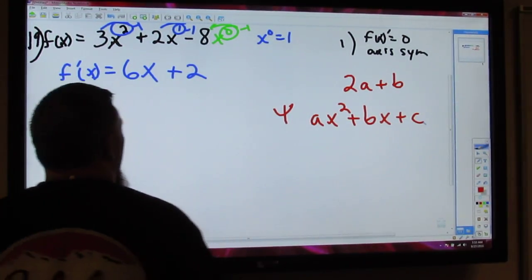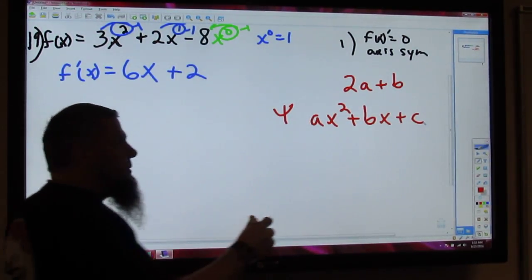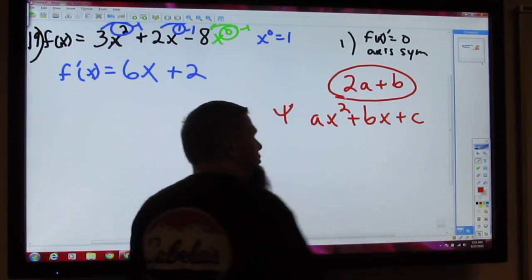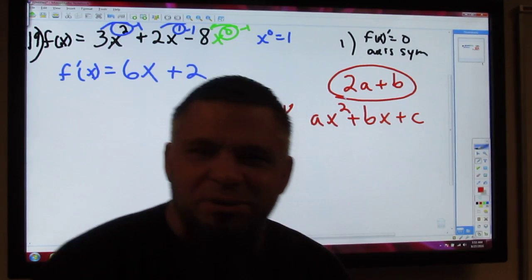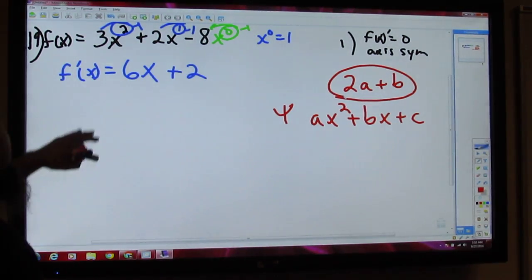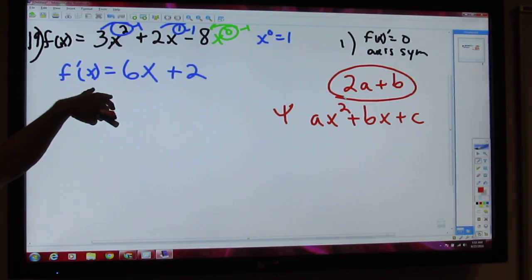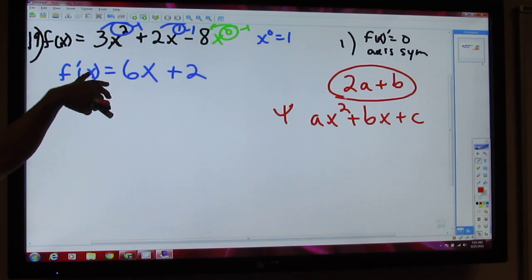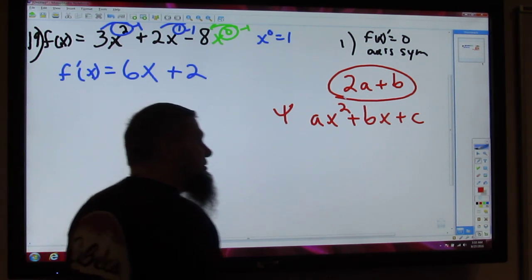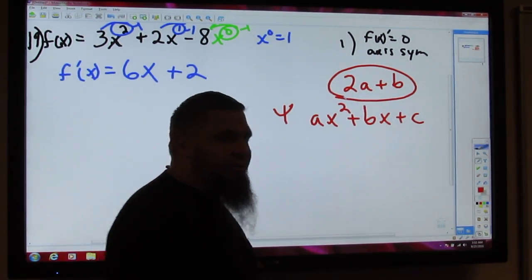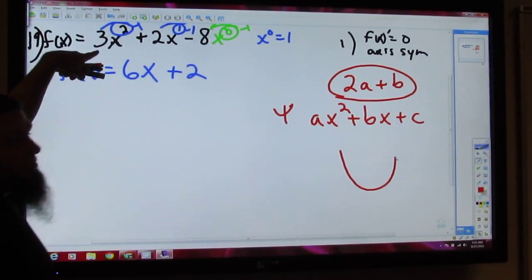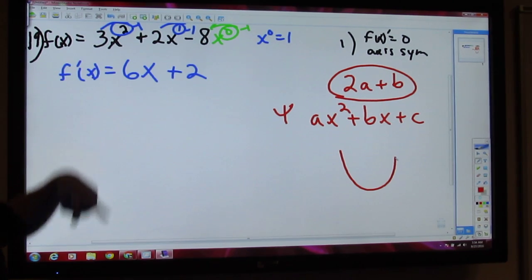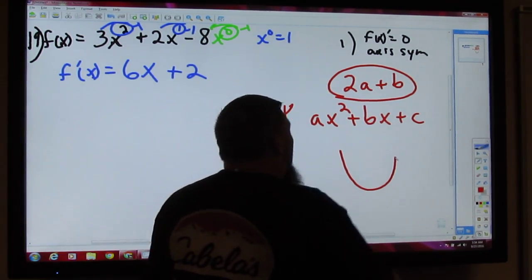And if you think about it, this is the way the book tells you to just do this. Well, all they're doing is finding the derivative. We talked about that yesterday. The derivative of this function, because it's smiling, because the front of it is positive. So we know it's smiling.